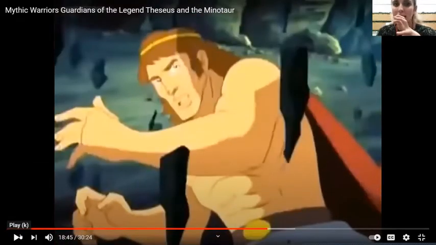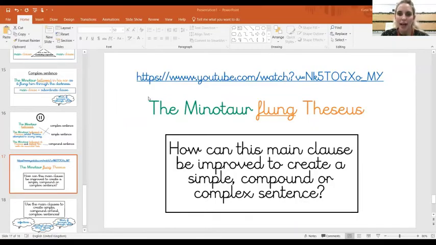Okay, I'm going to pause it there because together we are going to focus on writing some sentences about what we have just seen. So, here we can see a main clause. The Minotaur flung Theseus. We have our subject and our predicate.